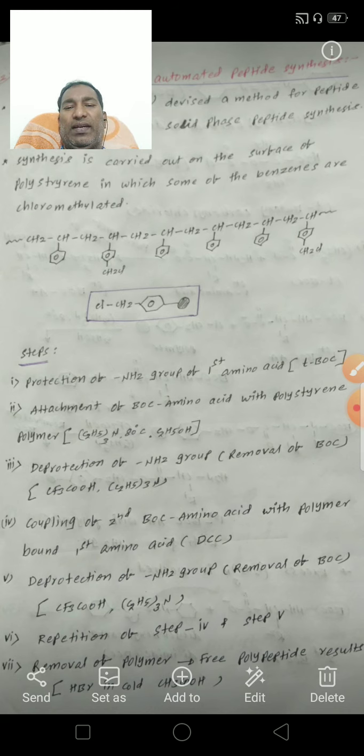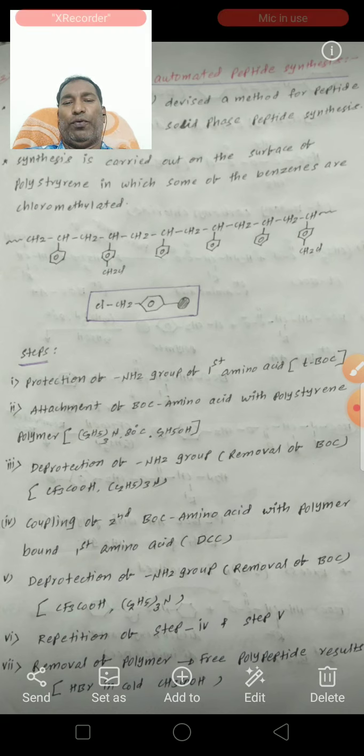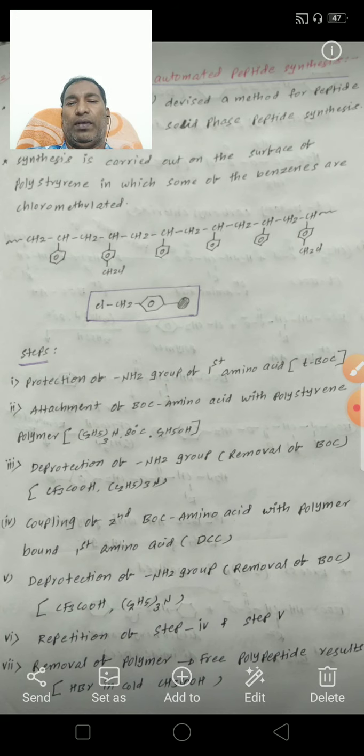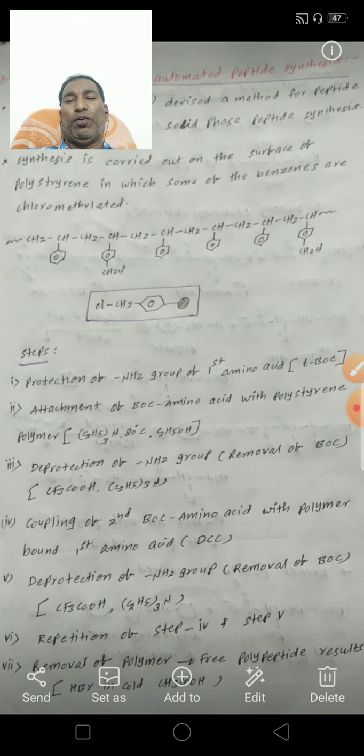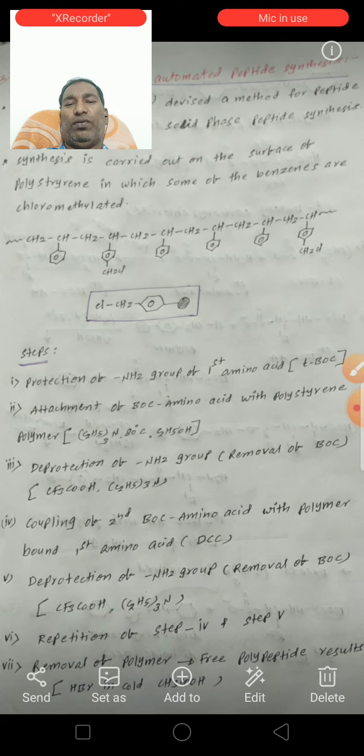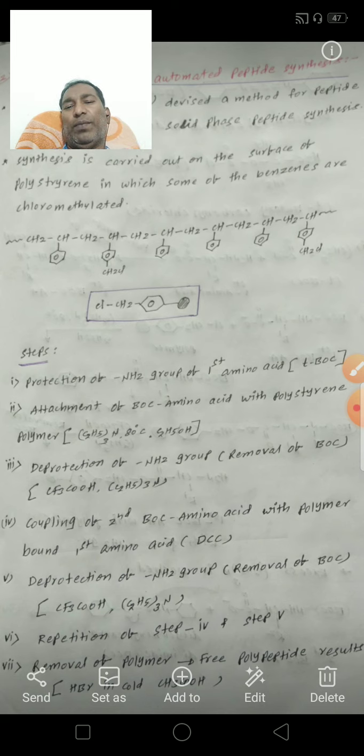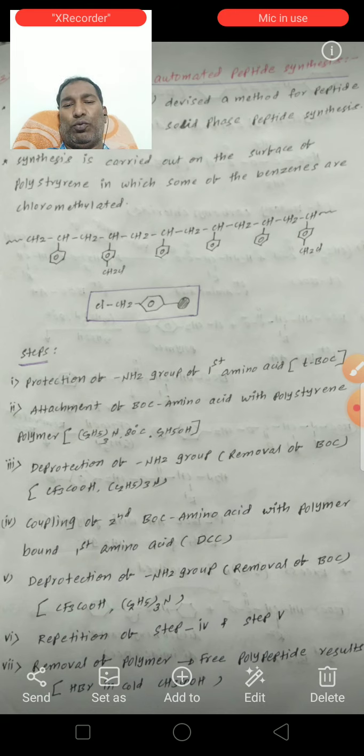Then protection of this NH2 group, removal of BOC with CF3COOH in the presence of triethylamine, and repetition of steps 4 and 5. That means step 4 is coupling of the second BOC amino acid with the polymer-bound first amino acid in the presence of DCC, and the next is deprotection of the NH2 group.